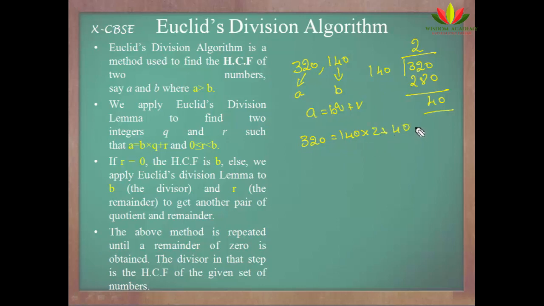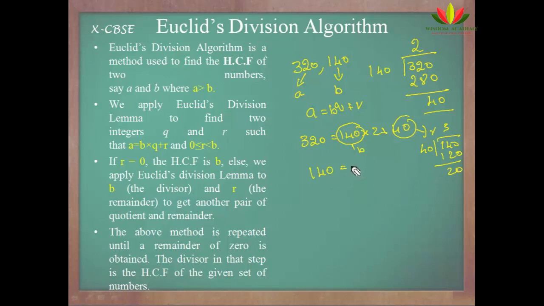Now I want to check whether my remainder is 0. No. So if the remainder is not 0, I want to continue the same step for my B, that is this is my B here and this is my R for next time. That is, now 140 is the smaller one, so I take 140 here and I divide this number by 40. If I divide 140 by 40, I can write 3s are 120, so the remainder will be 20.